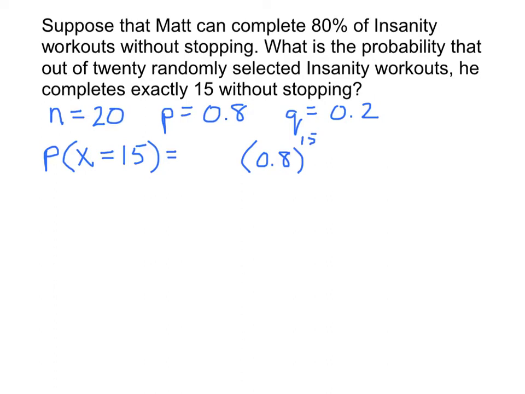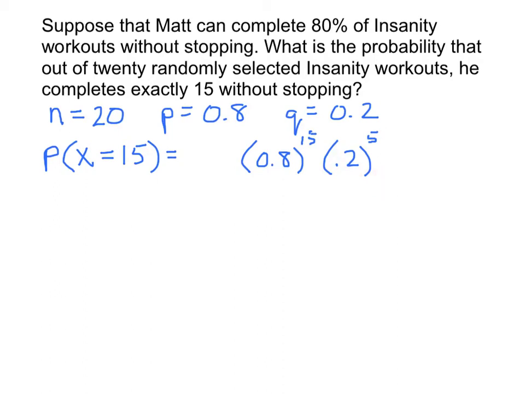And if you've got 20 trials, how many times does failure have to happen? Well, if success is happening 15 times, you'll have to have failure happen 5 times to get a total of 20 trials. But remember that this is saying that the first 15 insanity workouts were completed and the last 5 were not.